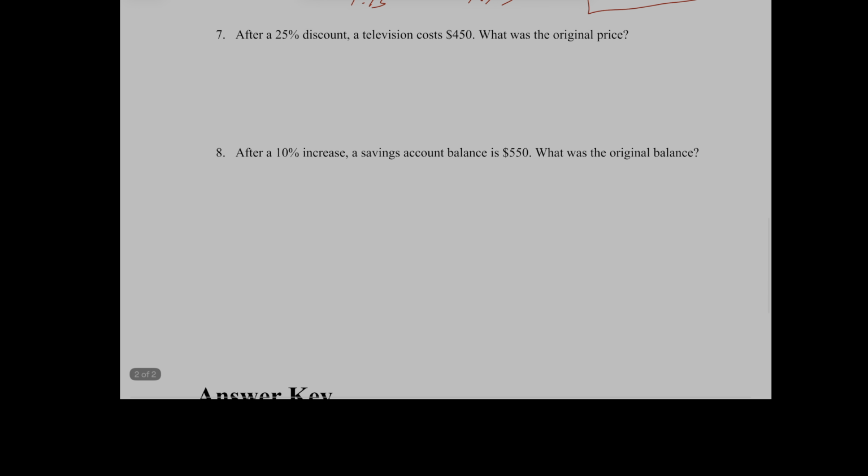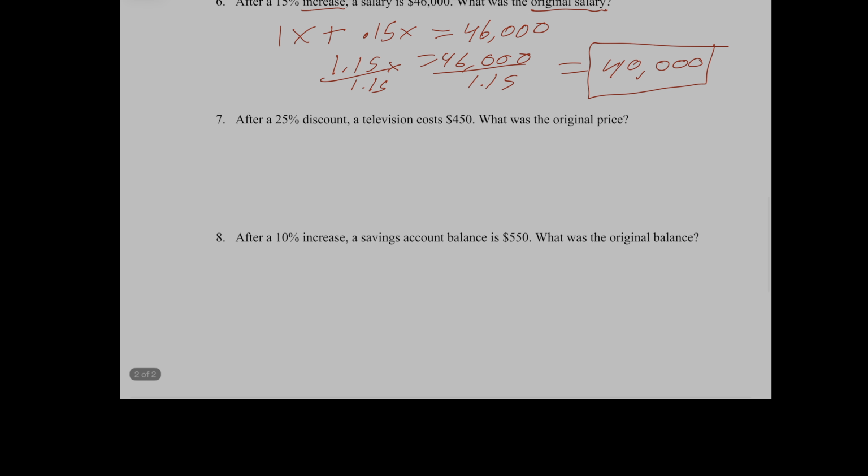Number 7, I've got 2 more here. After a 25% discount, a television costs $450. What's the original price? Well, I know my ending is 450, so everything's going to equal 450. I don't know the original, so my original is X. I'm going to discount by 0.25 times whatever the original was.